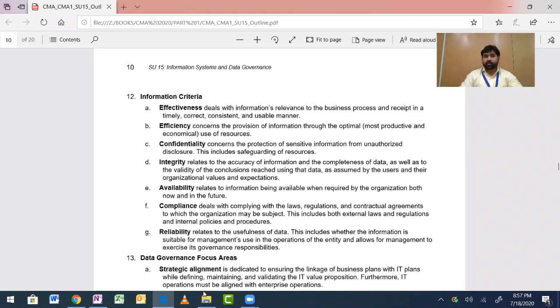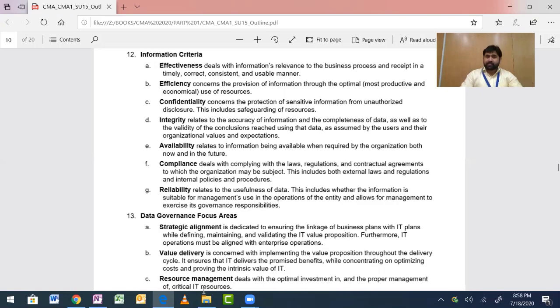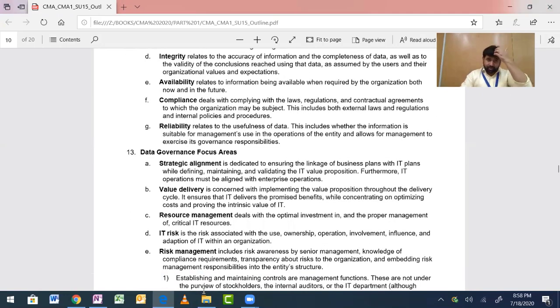If it is low, that whatever data I'm getting, most of the time it is correct, I can have that kind of expectation, then it is said that the information has integrity. Availability, fine. Compliance, reliability, all of these are different criteria for information. Easy to understand. I think you guys can do the reading from there.